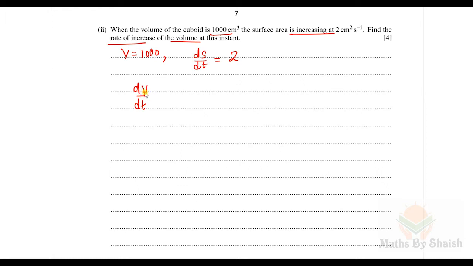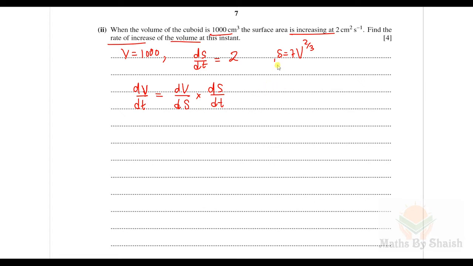We have a relation in V and S: S is equal to 7V to the power 2 by 3. So we can use the chain rule, dV over dt equals dV over dS into dS over dt. We can find dV over dS, and dS over dt is already given as 2, so we substitute in this and we get dV over dt, the rate of increase of the volume at that instant.